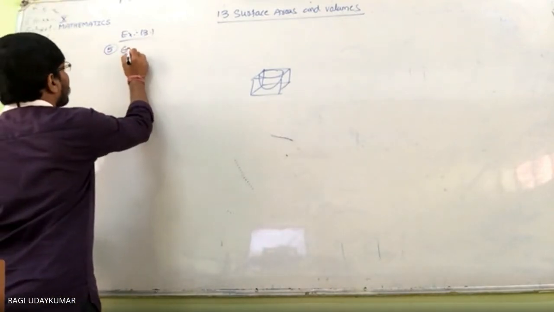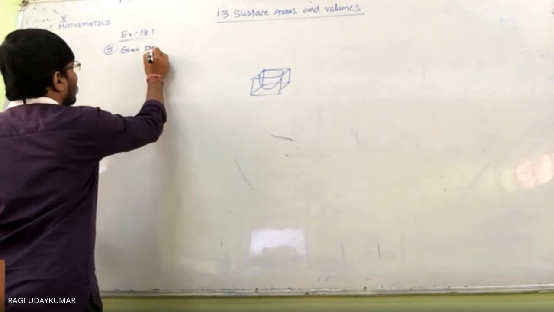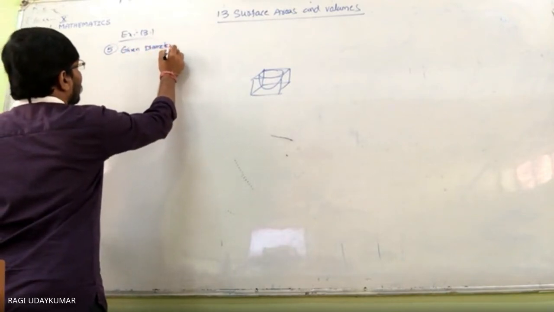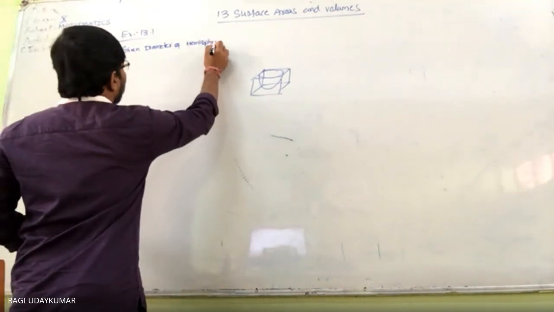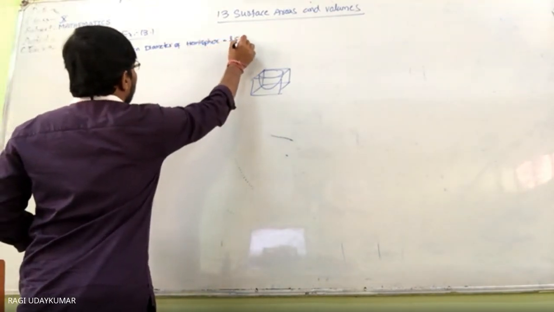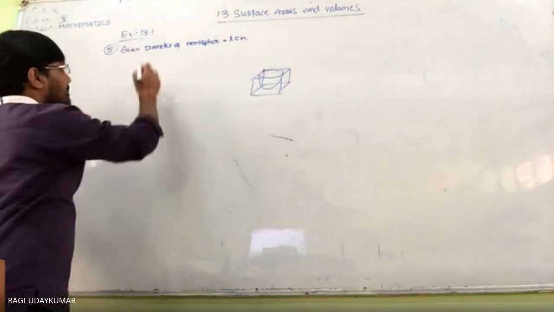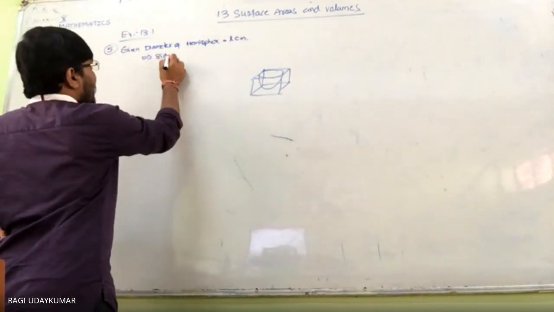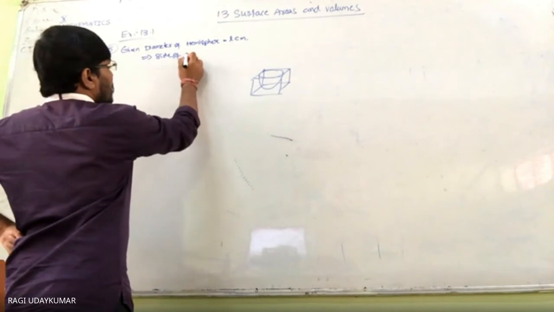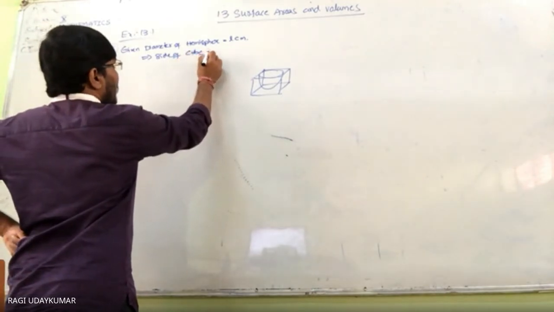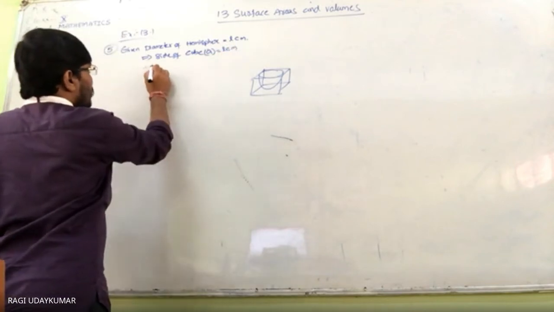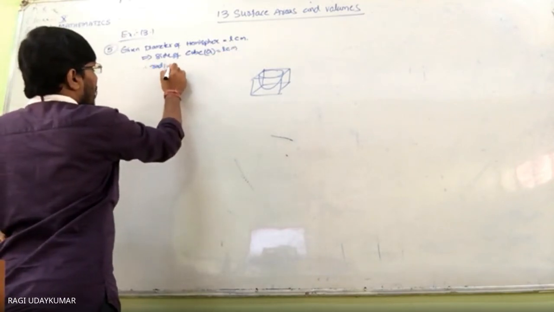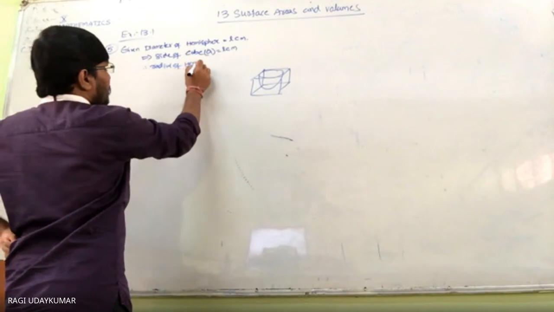So given diameter of hemisphere is equal to L centimeters. This implies that side of the cube A is also equal to L centimeters. Therefore, radius of hemisphere.